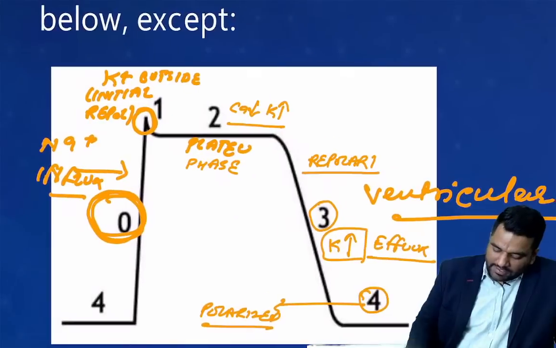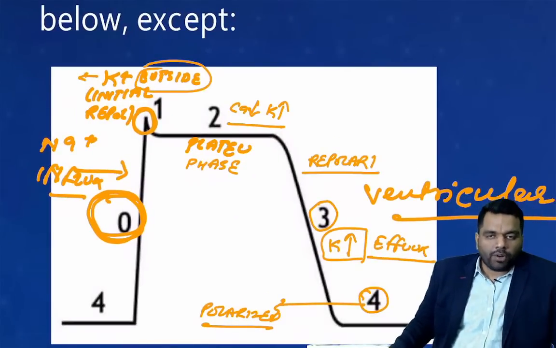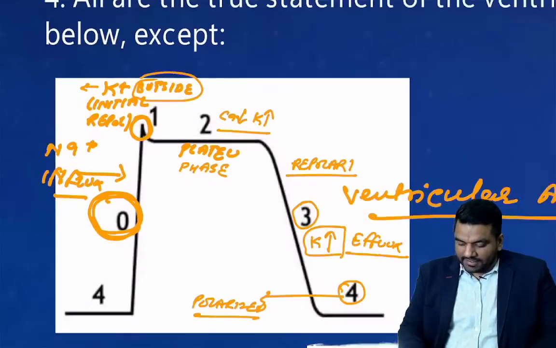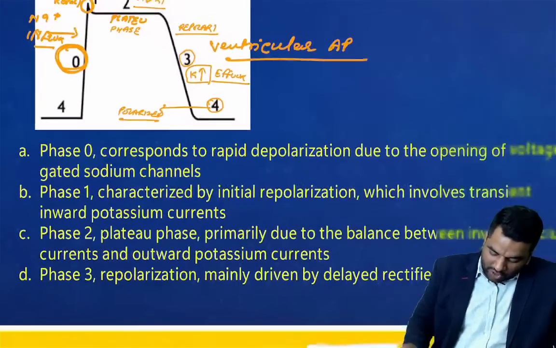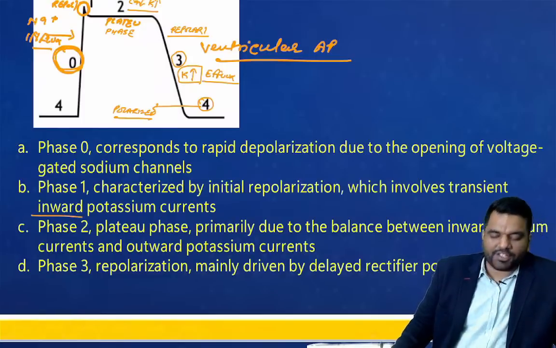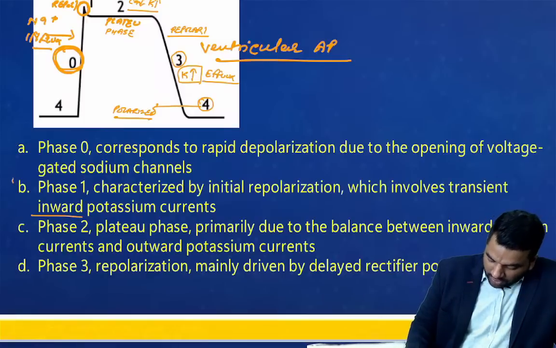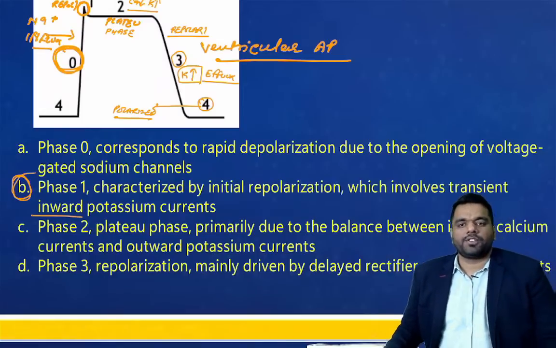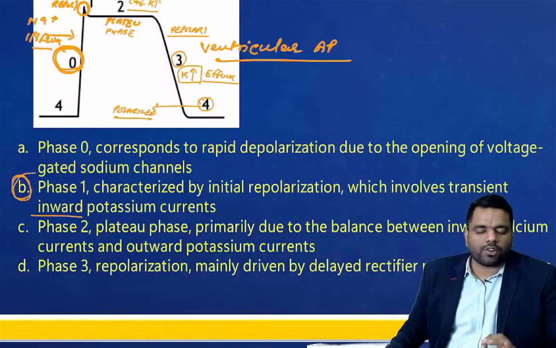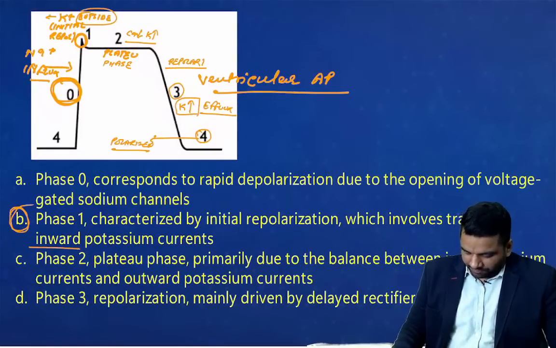In this phase the potassium is moving outside, not inside. Now option B says phase 1 is characterized by initial repolarization which involves transient inward potassium currents. No, it is the outward potassium current. So the right answer of this question is B. B is stating the wrong option. This is not the inward, this is the outward potassium current. So I hope now you can easily understand this ventricular action potential.